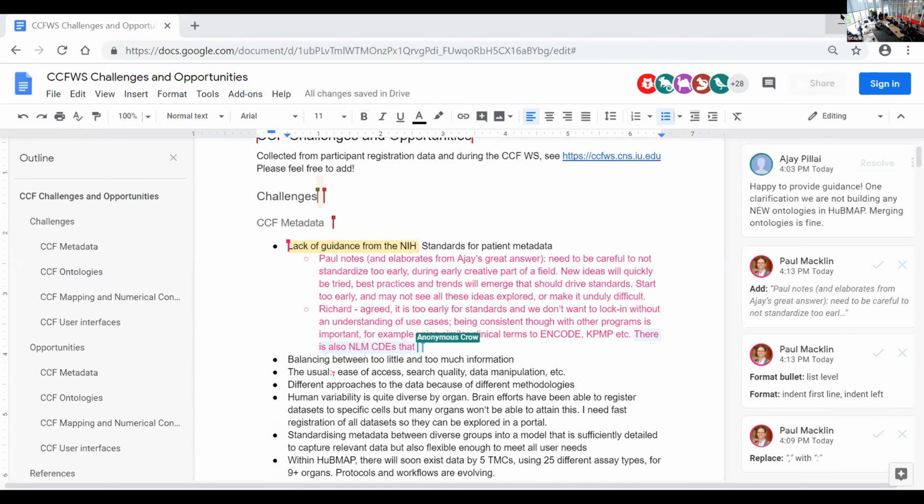Then it's going over to the ontology, which I can moderate. Then anatomical mapping, Jeff, if you could moderate that part. And then the last part is the user interface, which is Jim again. If you can make it through all these comments we got so far, that would be great.